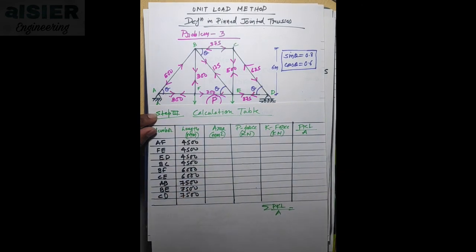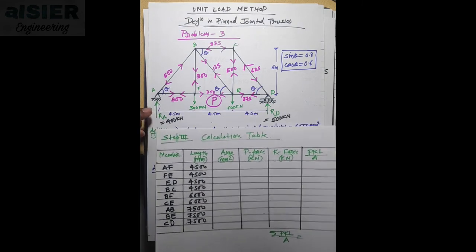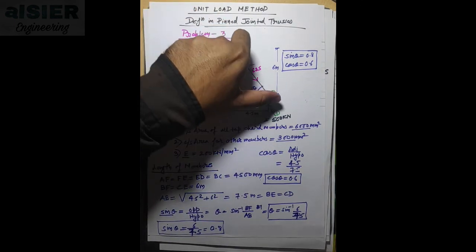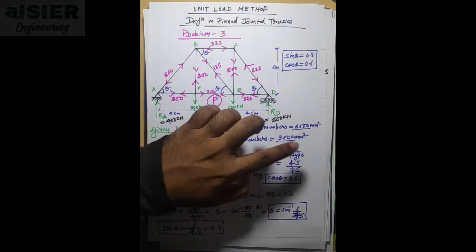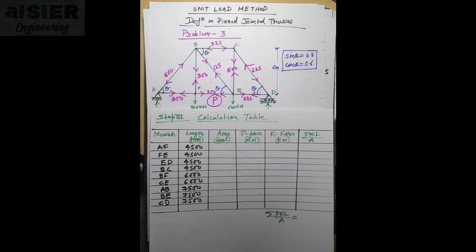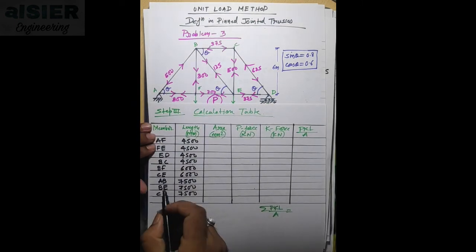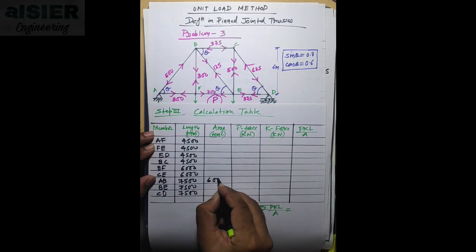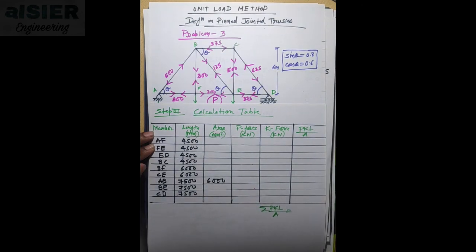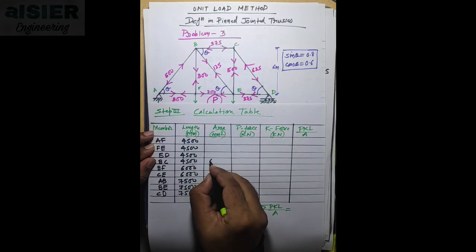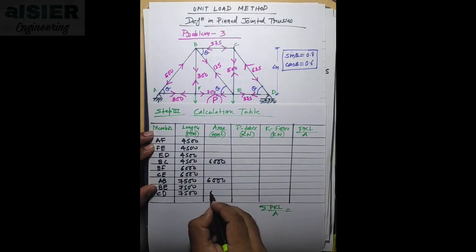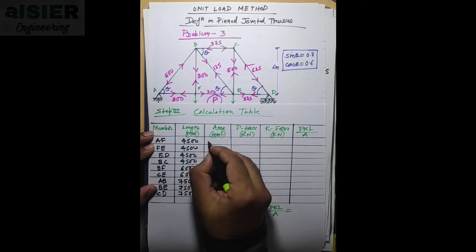Then area is given. What about area? Cross section of top chord members, AB, BC and CD, is 6000, and for all others it is 3000. So for AB it is 6000, for BC it is 6000, and for CD it is 6000, and for all other members 3000.